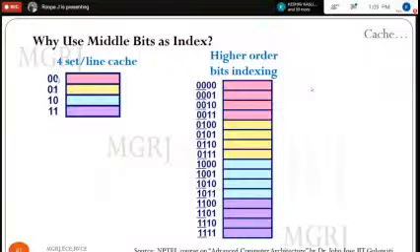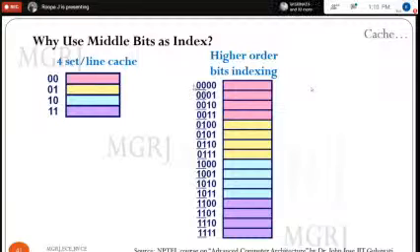Please focus. Whereas for the main memory, because it has 16 blocks, this is only an example to make you understand, the addressing pattern happens with a 4-bit combination, from 0 0 0 0 till 1 1 1 1. Now, please listen here. If I use higher order bits for mapping, what is going to happen?